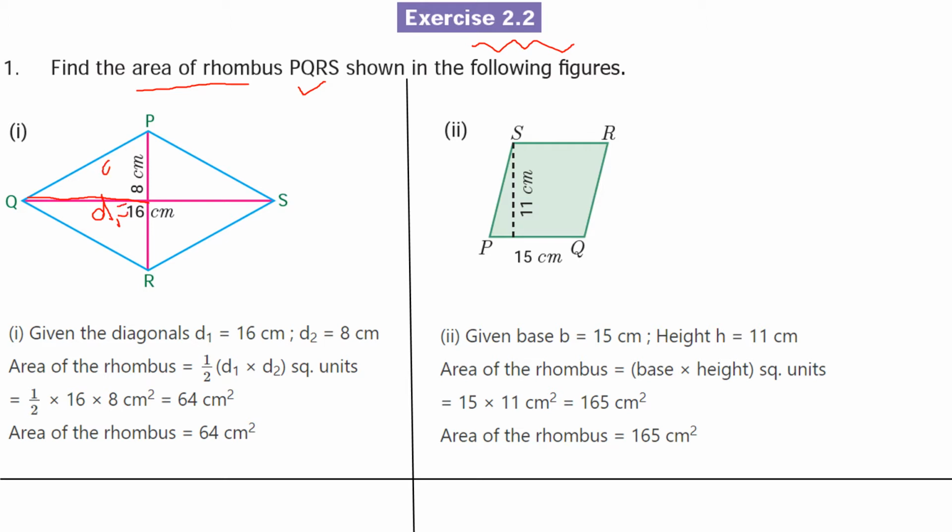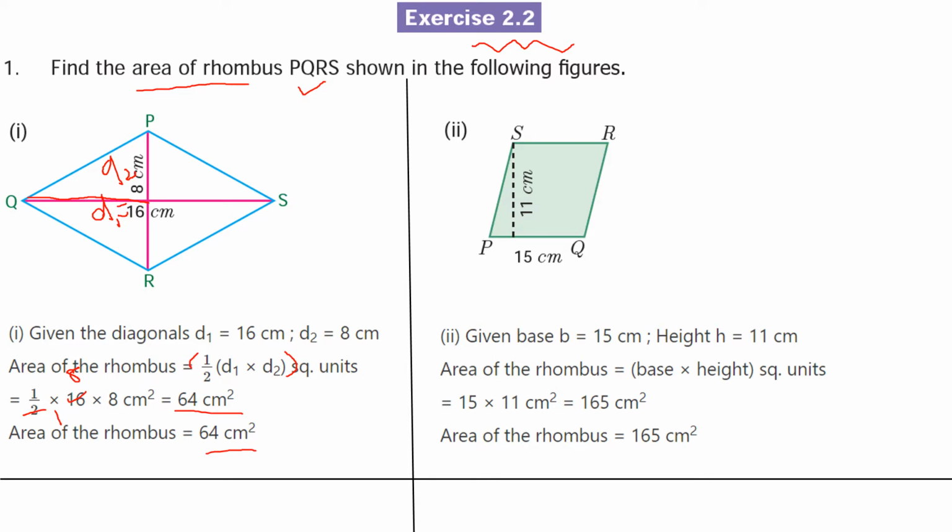What is the area of rhombus formula? Half into D1 into D2 square units. So substitute D1 and D2 values. Half into 16 into 8. 1 2 is 2, 8 2s are 16. After multiply 8 8s are 64. So area of the rhombus is 64 centimeter square.